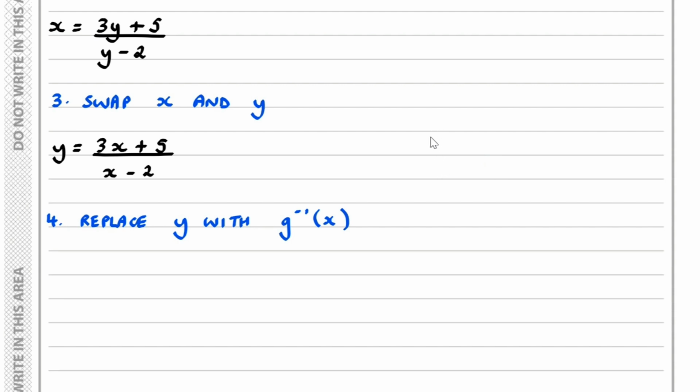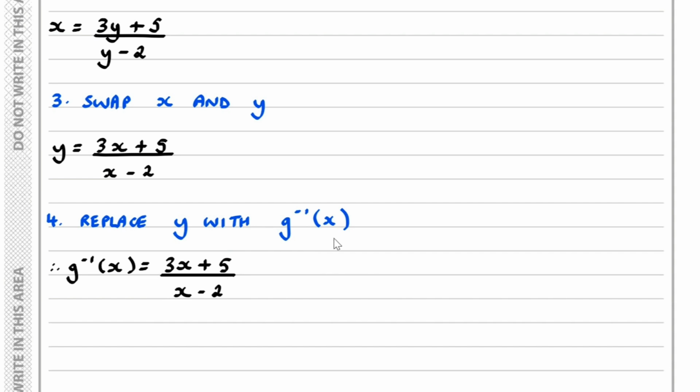And then my next step would be to replace y with g inverse. So, doing so, g inverse is equal to 3x plus 5 divided by x minus 2.